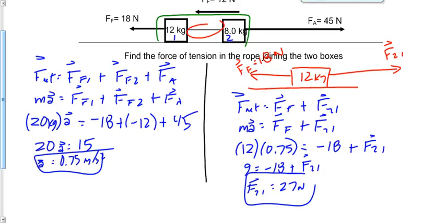How does this tie into Newton's third law again? Well, not a whole lot, but it does tie together Newton's second law and Newton's third law a little bit. We recognize that the 8 pulls on the 12 with the same force but opposite direction as the 12 pulls on the 8.